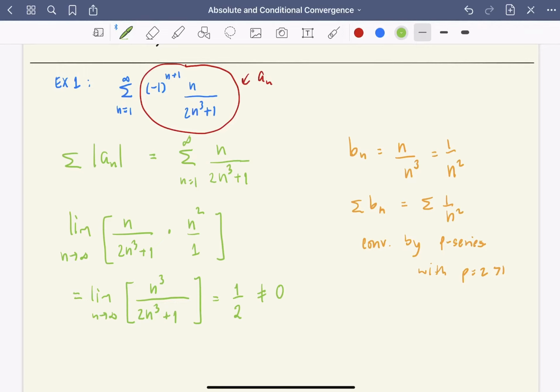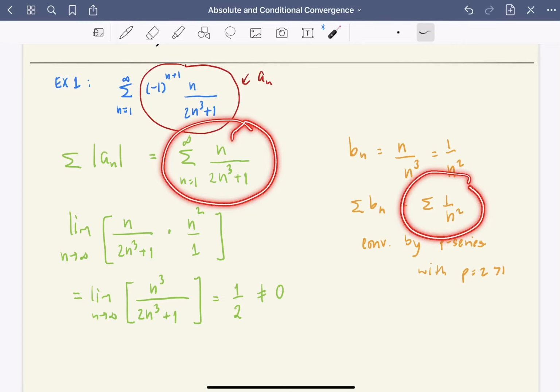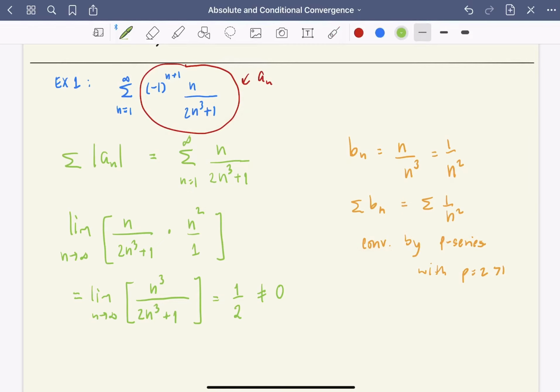So this means that by the limit comparison test, this series and this series have the same convergence. If this one converges, this also converges. That's why we know that this series converges by the limit comparison test.